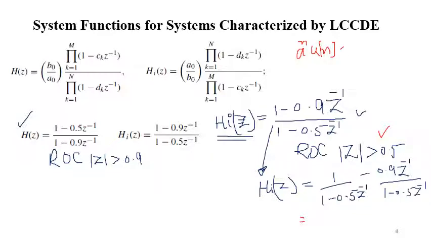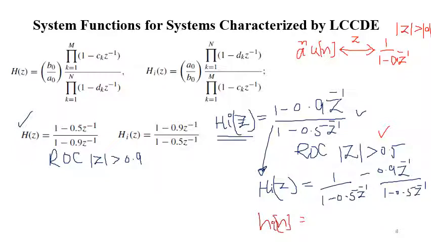So the Z transform of this one is 1 over 1 minus A Z inverse, with absolute Z greater than absolute A. Comparing with this equation, you can easily tell that A is 0.5, so the first term has the inverse Z transform of the following form.